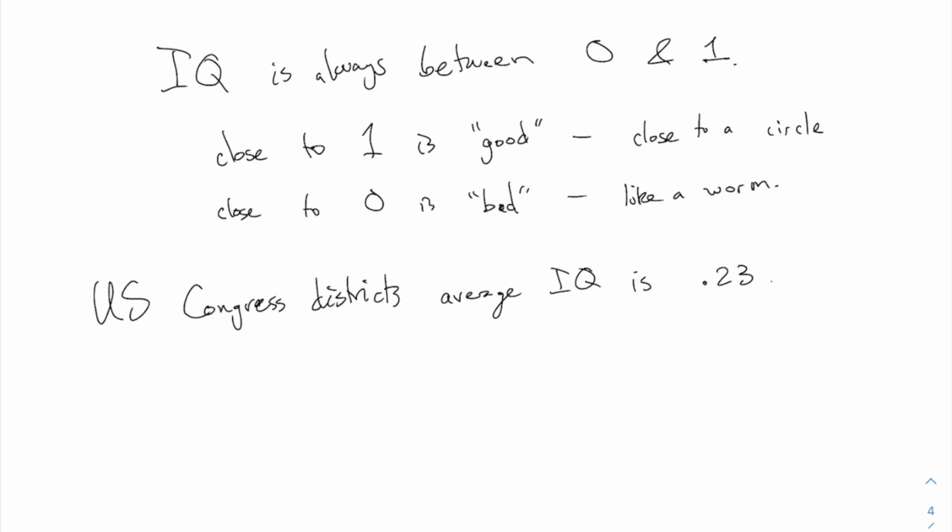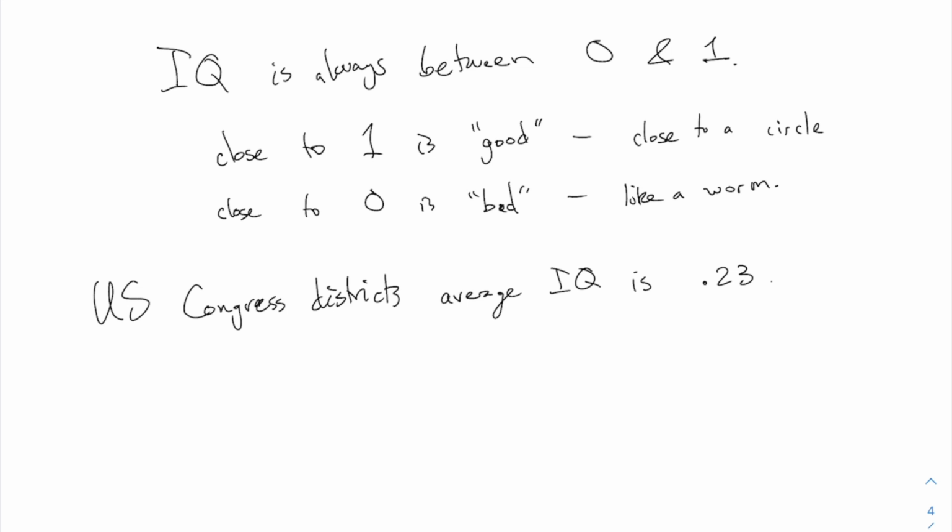So the convex hull score is generally a lot closer to 1 than the isoperimetric quotient. A convex hull score of 0.23 is very hard to get. That would be very, very low for the convex hull. Like you saw in our examples, it's usually in the 60s, 70s. But the isoperimetric quotient typically reads much lower, because districts are not typically going to be like circles, right? They're like weird shapes.